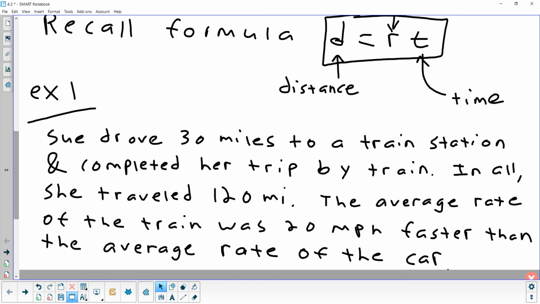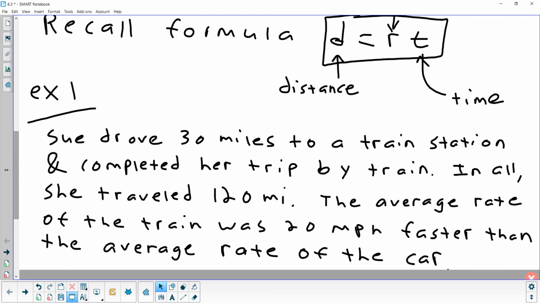So it says that she started off by driving 30 miles to a train station, and then from there got on a train and went the rest of the way. She traveled a total of 120 miles.